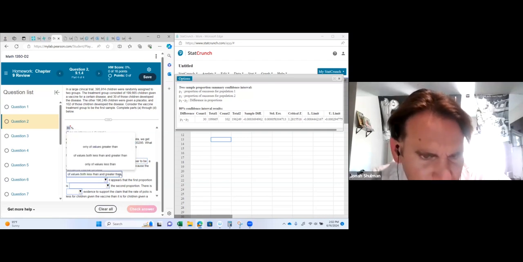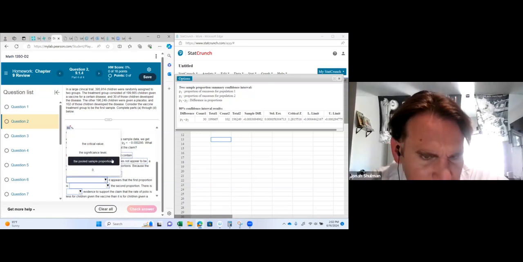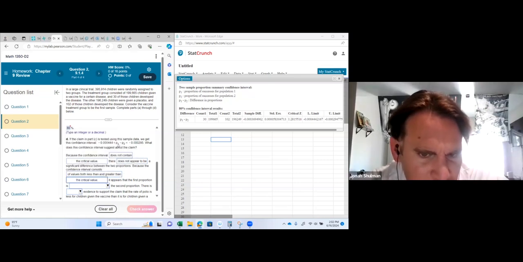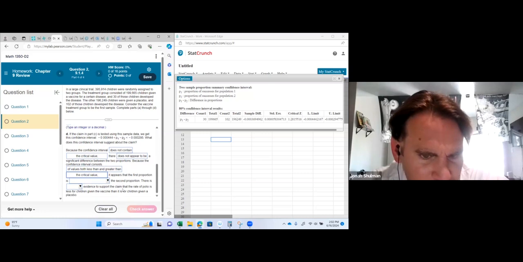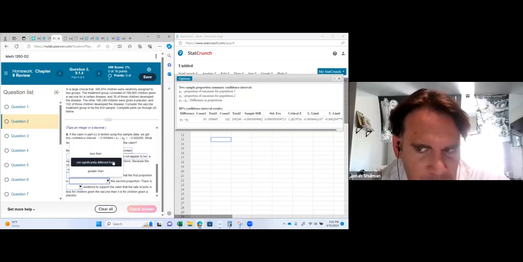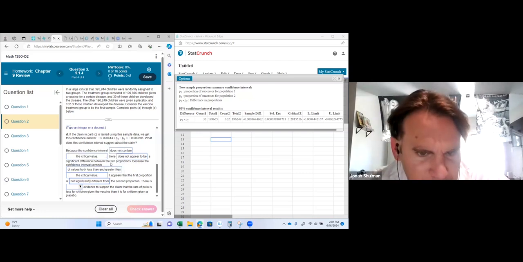Because the confidence interval consists of values greater than or less than the critical value, it appears that the proportion is not significantly different. Sweet.